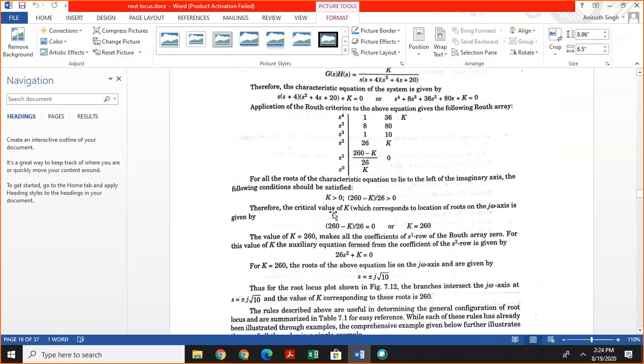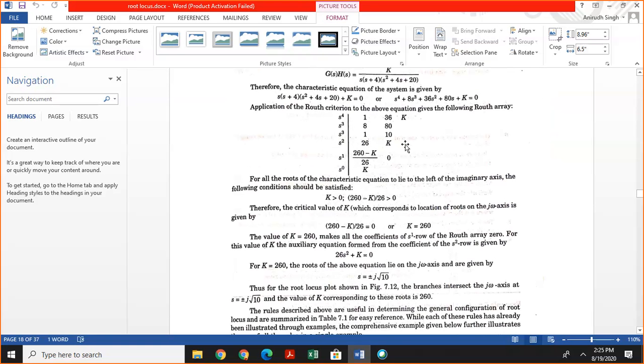And for the critical value of k, we equate this equation to 0 and we get the value of k. K is 260. If we substitute this value of k in this equation, then this row becomes 0.